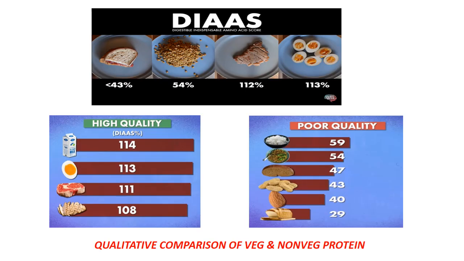At the top we can see bread 43, some lentils 54, some meat product 112 and egg 130. In the lower figure, the foods of animal origin on the left side range from 108 to 114, whereas on the right side, foods of plant origin, starting with rice and grains, bread, etc., have 29 to 59. So this clearly indicates the quality of protein and its role in human health.